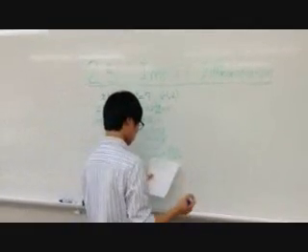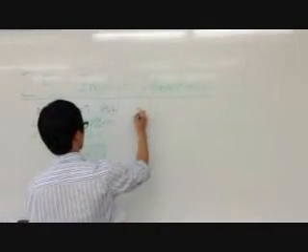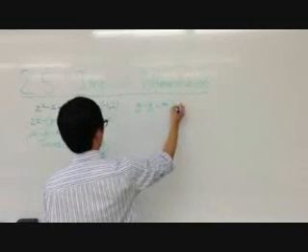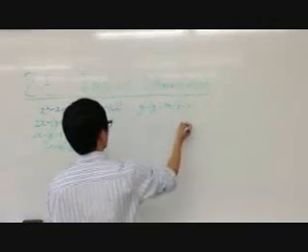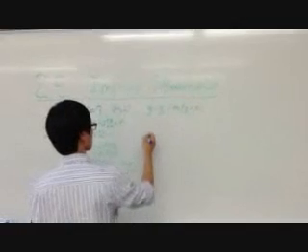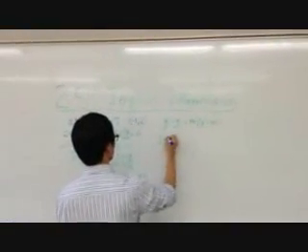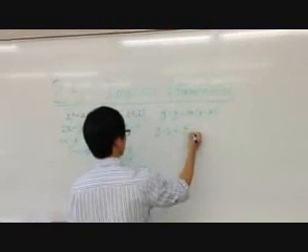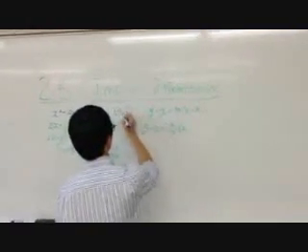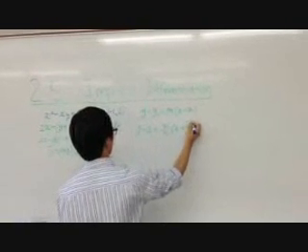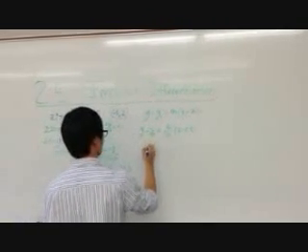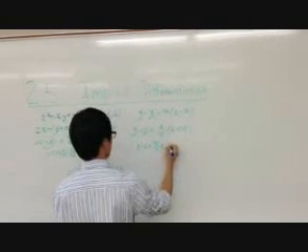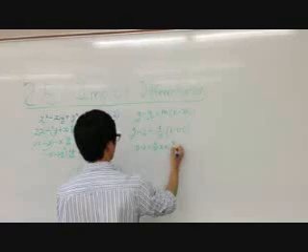And you can use point-slope form, which is y minus y1 equals the slope times x minus x1. So you're going to plug that in, and also this. So you're going to end up with y minus 2 equals the slope times x minus negative 1. So that's going to be y minus 2 equals 4/5 x plus 4/5.